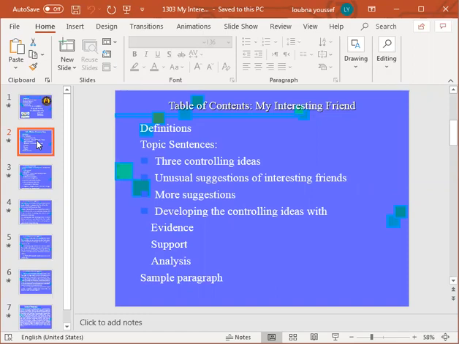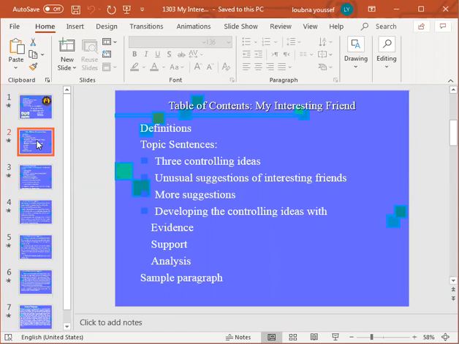You're going to look at unusual suggestions of interesting friends, and then more suggestions of what an interesting friend can be, and how you can develop the controlling ideas by providing evidence, support, and analysis. And then we are going to have a sample paragraph that we will read together.